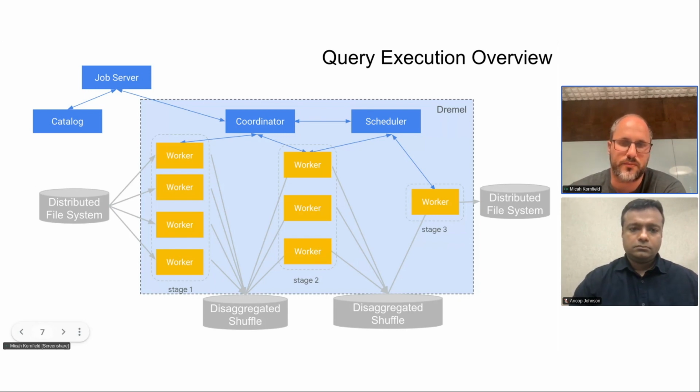Then, depending on the complexity of the query, it will go through several shuffle stages for things like joins and aggregations, and gets read back by workers. And then at the very end, we write it back to either our internal distributed file system, CNS, or to object stores, depending on what the user requested.